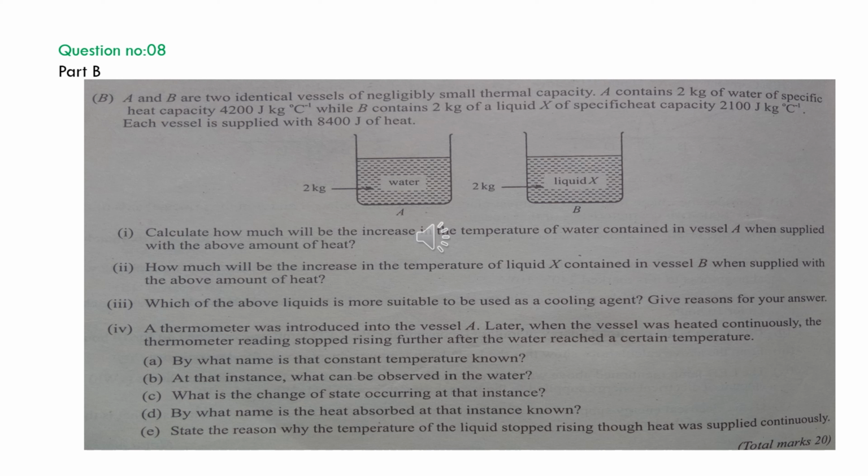The question gives the data that they supplied 8400 joules of heat. Then you can get the answer by using this equation.